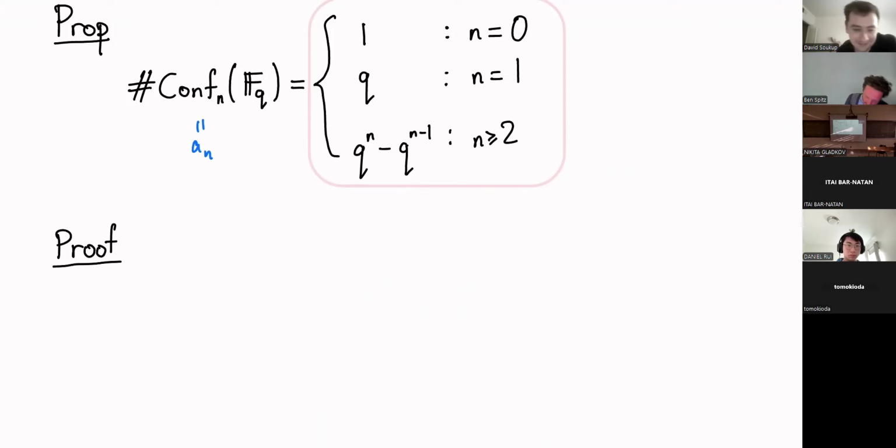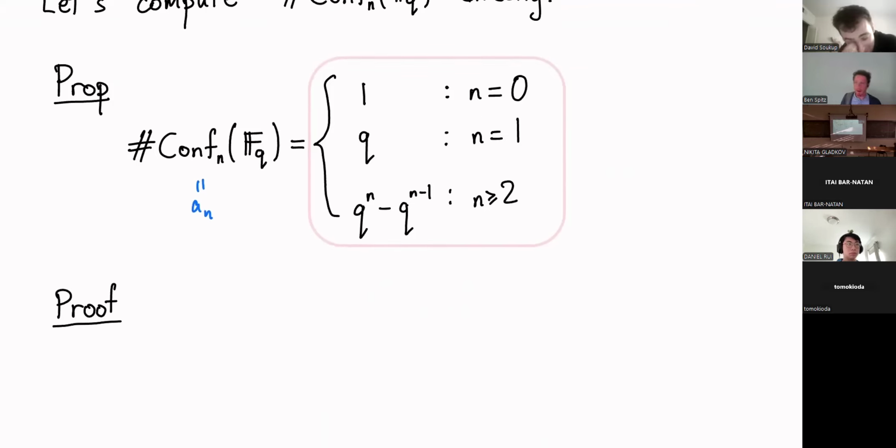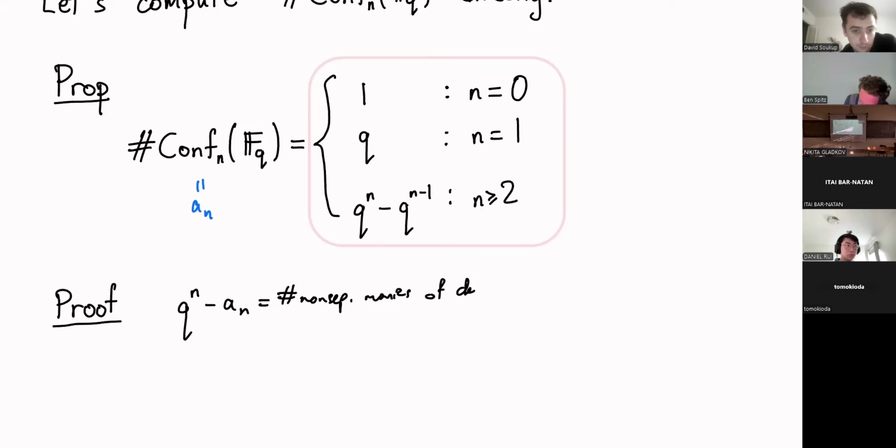Okay. So what I'm going to do is, a_n is the number of separable monic degree n polynomials with coefficients in F_q. So what I'm going to do is think about the non-separable monic polynomials. So there's q^n monic polynomials of degree n. And if I subtract a_n, that's the number of non-separable monics of degree n with coefficients in F_q.